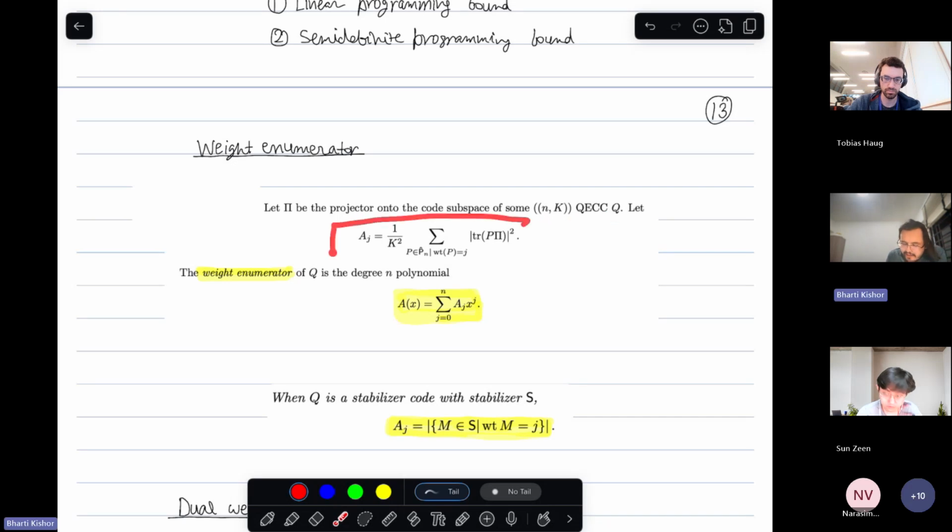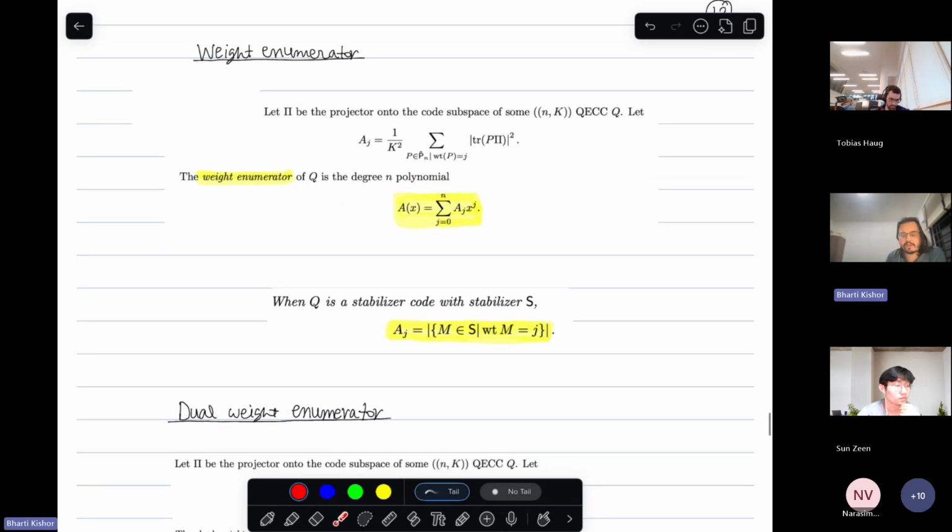Then you can define this number A. I won't go into detail because I don't think we have much time, but I want to get to the point where I can show you what this optimization is that rules out certain kinds of codes, which gives you tighter bounds. So the weight enumerator of this code Q is basically a degree n polynomial, which has these coefficients Aj defined in this manner.